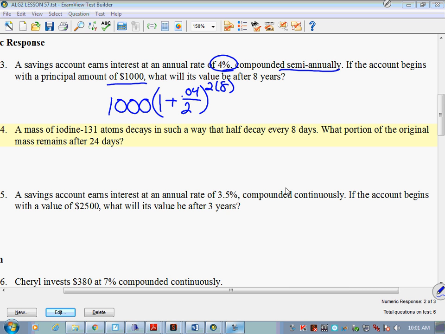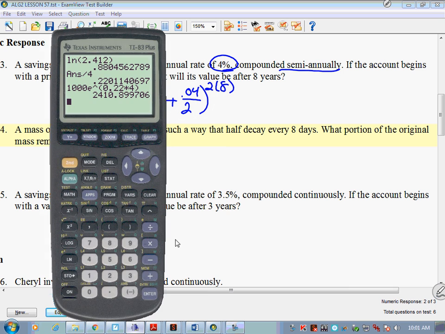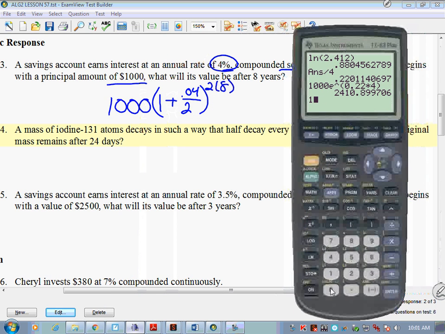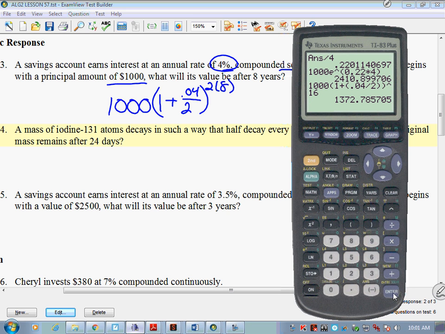So we can plug this in our calculator. We got 1,000 times 1 plus, I'm going to put this in parentheses so I get it separately, 0.04 divided by 2, close that parentheses, close the other parentheses, take that to the, I'm just going to go ahead and put this in as 16, and we get $1,372.70.